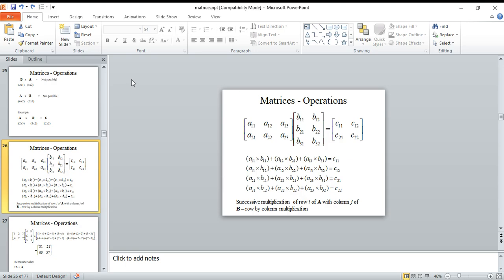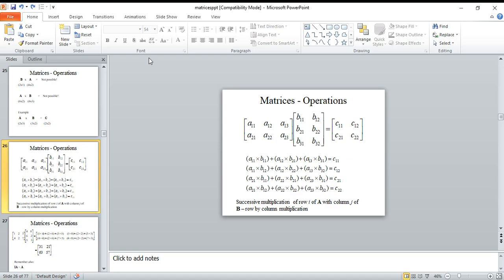First, multiply with the first column B11, B21, B31: A21 into B11 plus A22 into B21 plus A23 into B31.